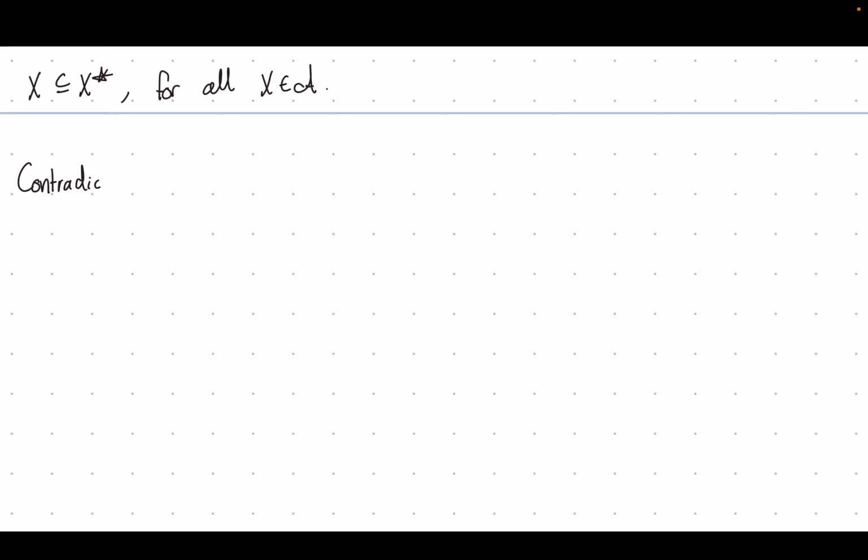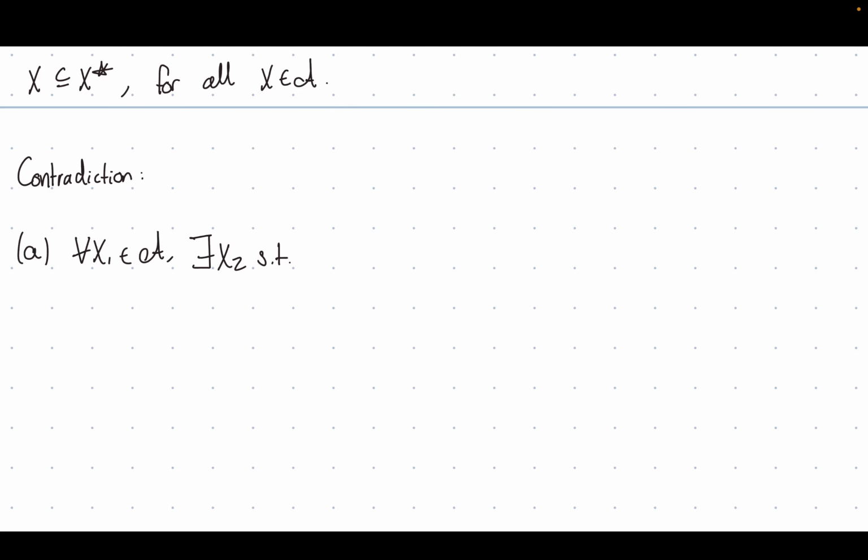The contradiction is, we have A, that for all x1 in script A, there exists some x2 such that x1 is not a subset of x2, and x2 is not a subset of x1, right?